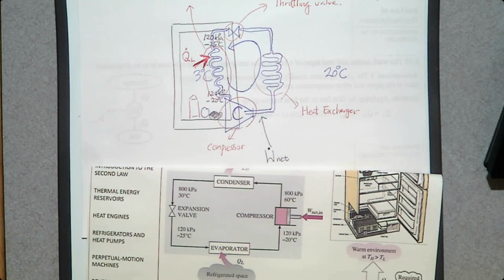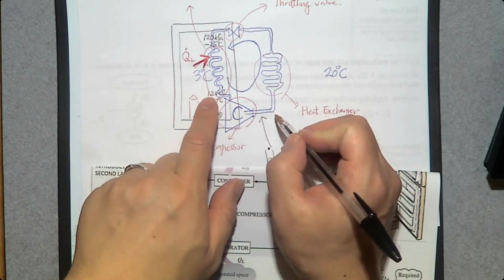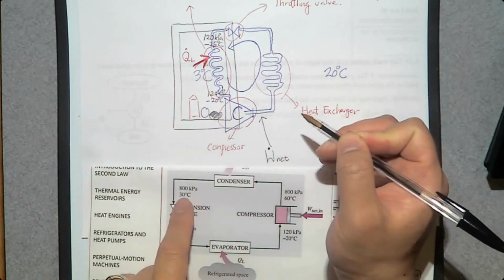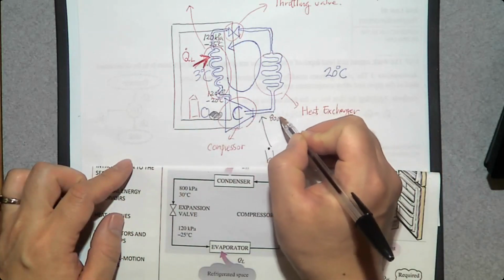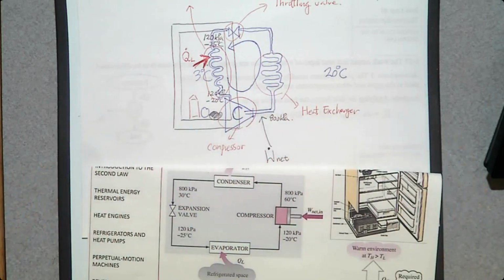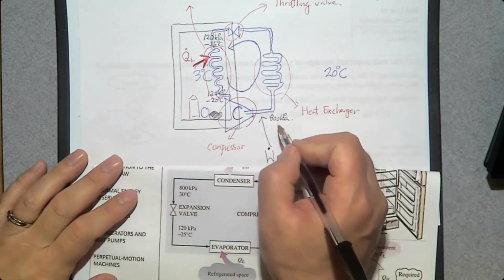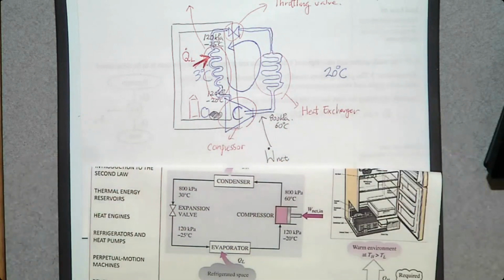We are going to run this compressor. So we are going to increase the pressure of this refrigerant from 120 kilopascal to 800 kilopascal. That's what a compressor does. The compressor increases pressure. So when the pressure of this refrigerant goes up to 800, what happens to its temperature? It goes up too. From minus 20, it goes up to 60 degrees Celsius.